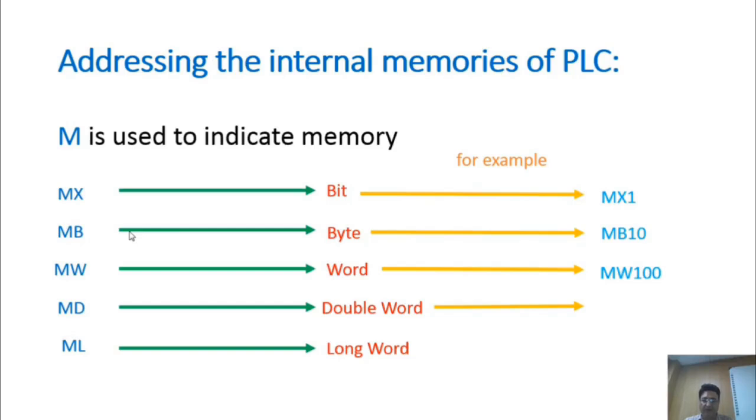Or for MD, which is double word, for example, we can say MD20. For instance, we assign a value to double word number 20 of the PLC's internal memory. And finally, long word, which we said is shown with ML, for example ML0, meaning we want to assign a value to the first 64 bits of the PLC's internal memory. So, these are actually direct addressing methods that we can use in the S7 PLC.